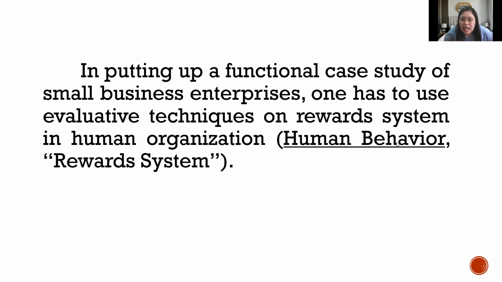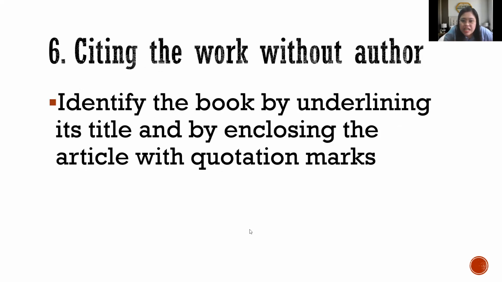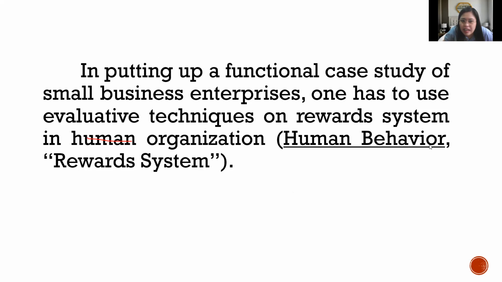So, kaning naka-underline ang title sa book. Take note kung gikan siya sa book ha, title sa book ang naka-underline. Tapos kaning nakabutang sa quotation mark is the title of the article. So title of the book, comma, and then title of the article.